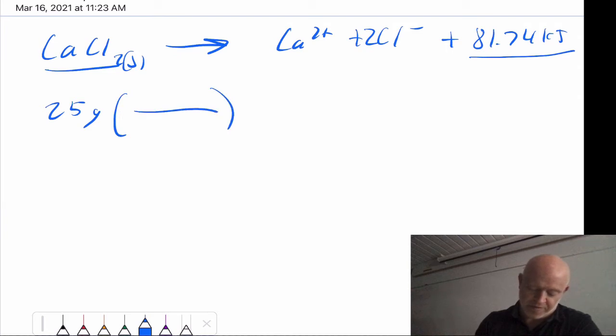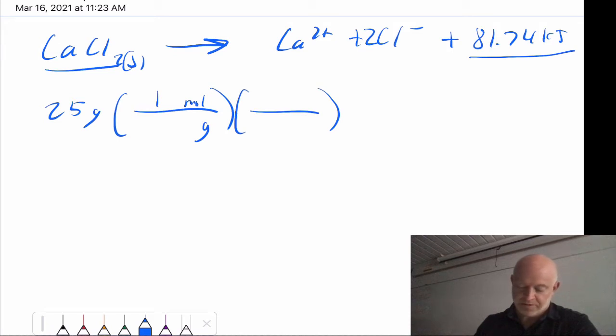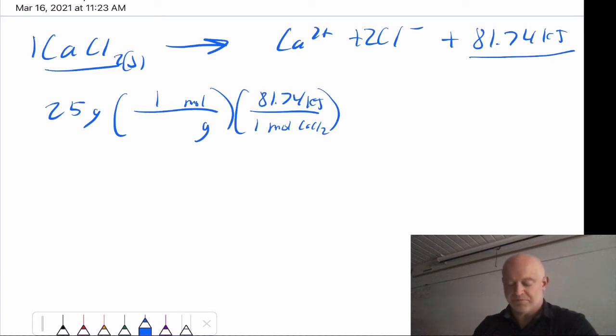Our first step is, of course, to go from grams to moles for our calcium chloride. So we need to figure out the molar mass of calcium chloride. Then our next step is to do our mole ratio. We know that for every 1 mole of calcium chloride, I'm going to make 81.74 kilojoules of energy. And that's pretty much it, right?